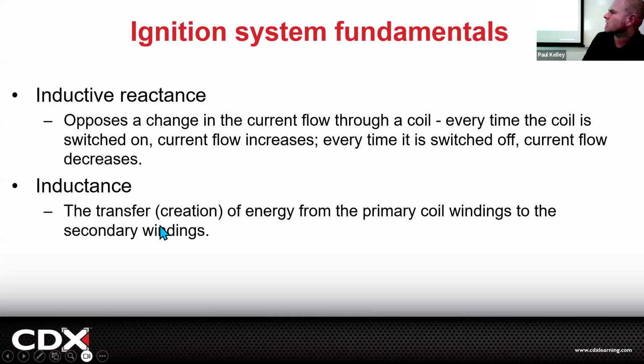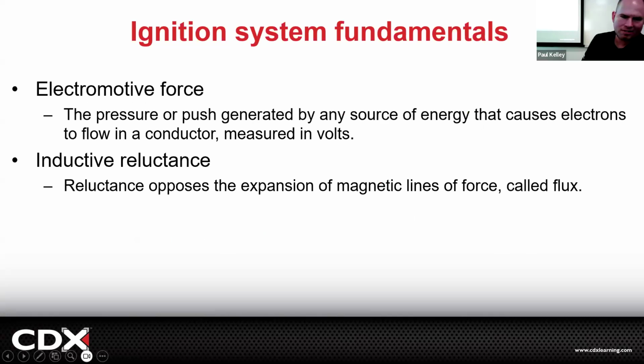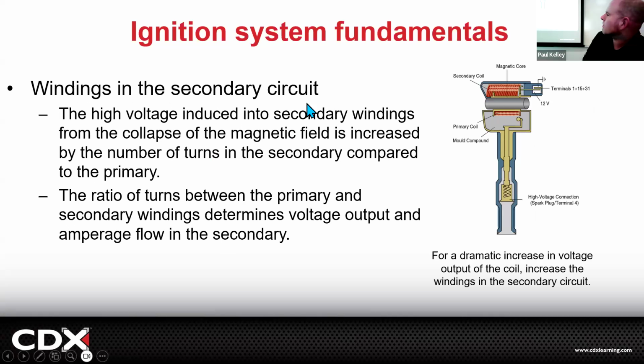So we're using these scientific terms. And inductance is the transfer of energy from the primary coil windings to the secondary. All right. So what? Hang on. Look at that. Remember, we had the primary and the secondary. The inductance means this energy is going to jump into this energy. All right. Who's got a phone that does wireless charging? Boom. Inductance.